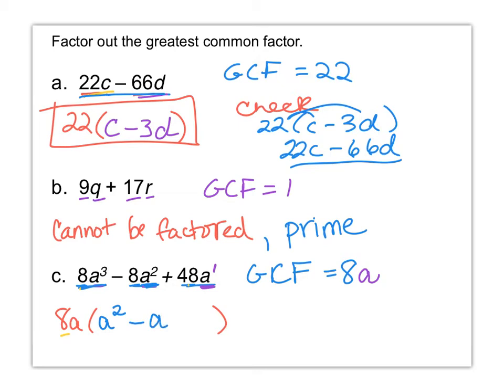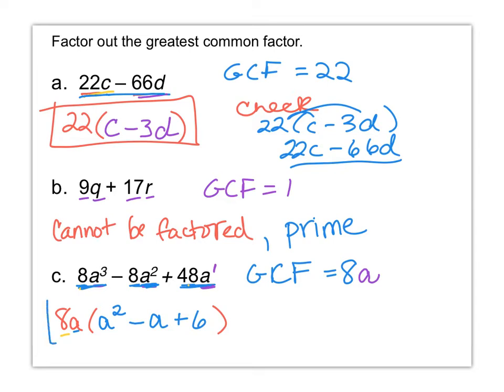The last term, we're factoring out an 8a, so 48a divided by that common factor of 8a is 48 divided by 8, which is 6. And the a divided by the a greatest common factor will cancel out.